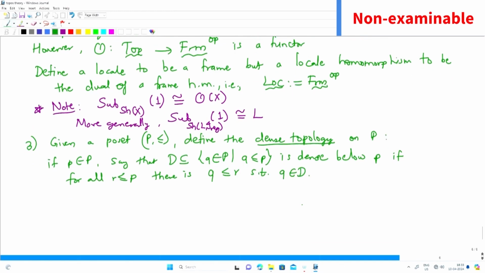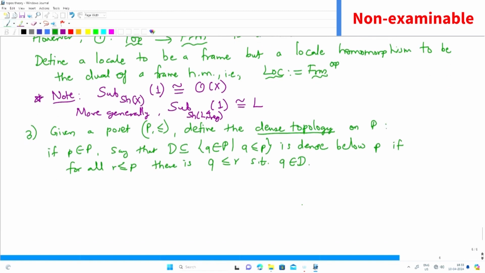Does anybody recognize this? Yes, in forcing, you precisely use this topology. So set theory motivated this example. Define J of p, J of little p, to be the collection of all D's such that for all q in D, q is less than or equal to p, and D is dense.